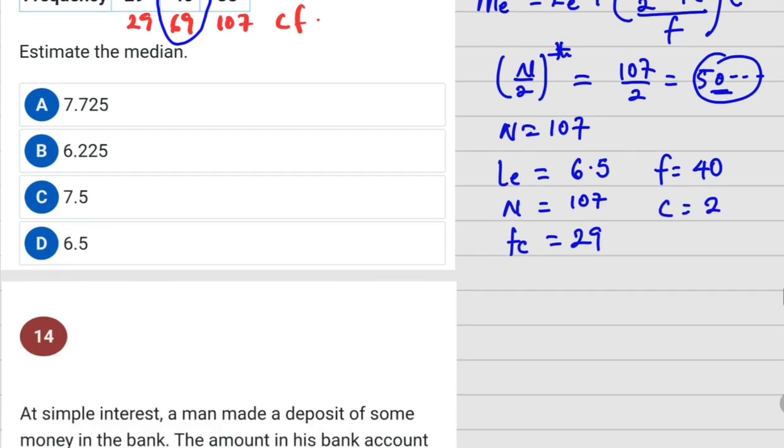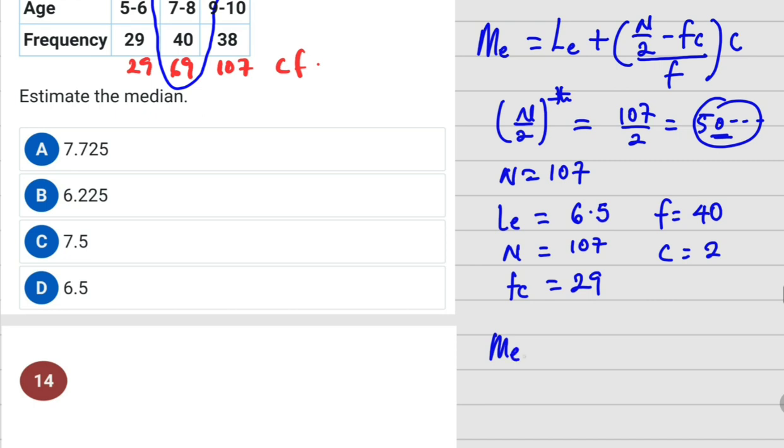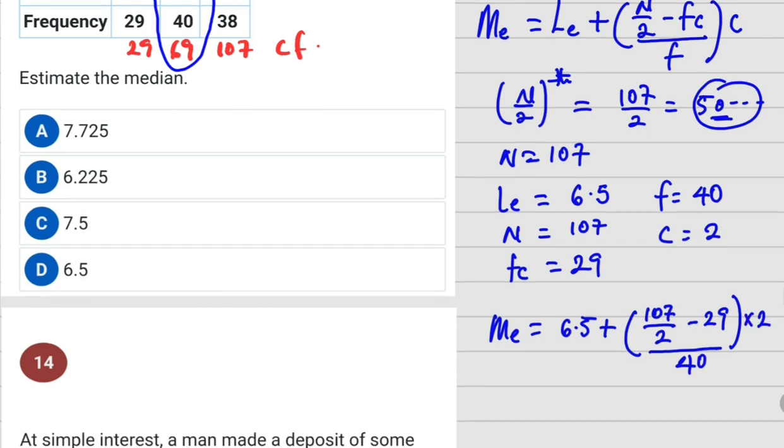So we'll put it back into the formula so that we can find our median. So this is going to be 6.5 plus, into 107 all over 2 minus FC, which is going to be 29, then all over 40, then times 2. That is what we have.